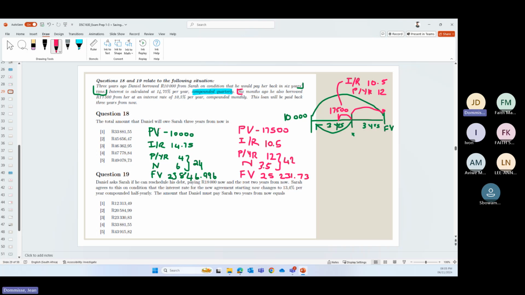So to get our total amount, we will need to add the 2. So our total amount then will be 23,231.73 plus 23,846.996. I'm just keeping it that way so that we round off now.